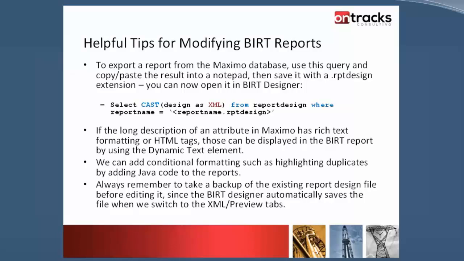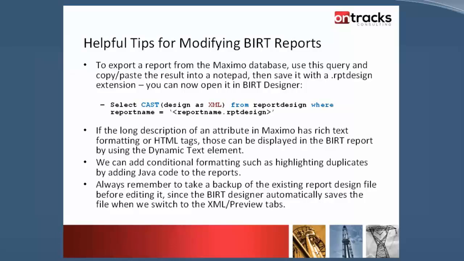So another tip that I find useful is to use dynamic text instead of the normal text column for fields that may contain rich text formatting or HTML tags, which is usually the long description field. We will also take a look at adding this in our demo. And yeah, there are other things that we can do in BIRT.